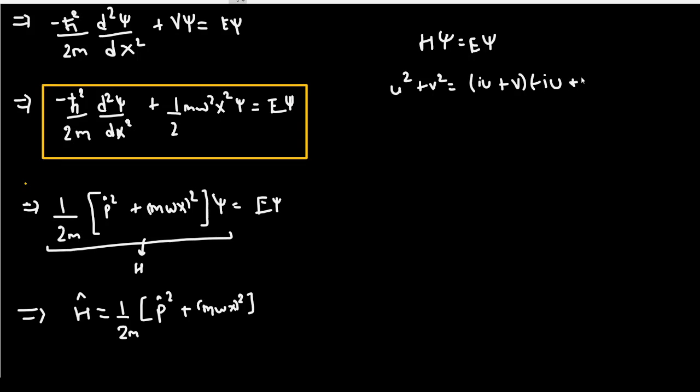Okay, this is exactly the thing here: u square plus v square is equal to iota u plus v and negative iota u plus v.